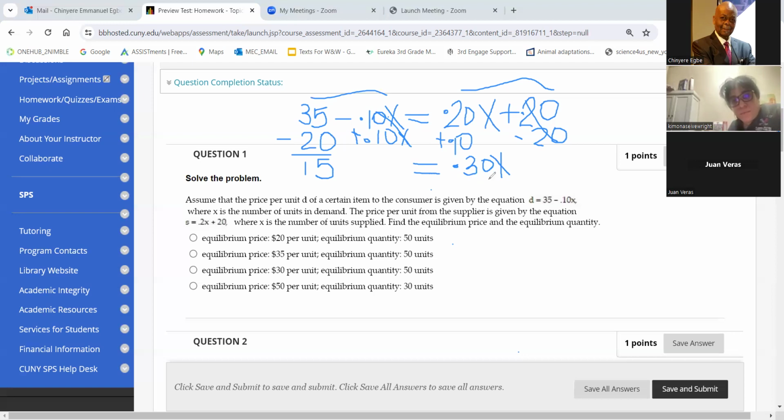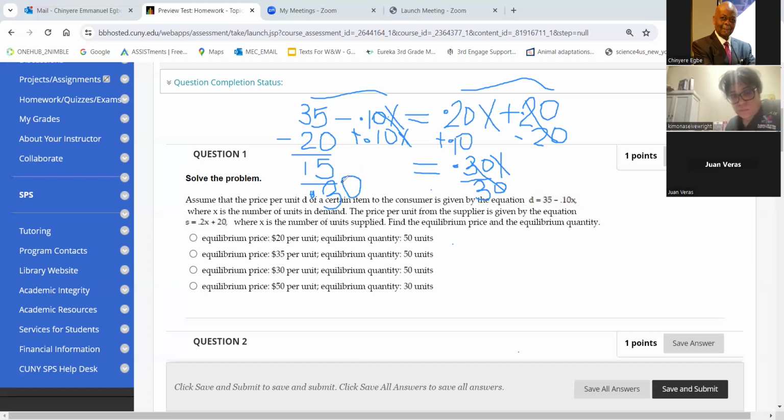Since 0.3 is multiplying x, that means you must divide the x side by 0.3. If you divide any number by itself, what do you get? 1. You must also divide this side by 0.3.